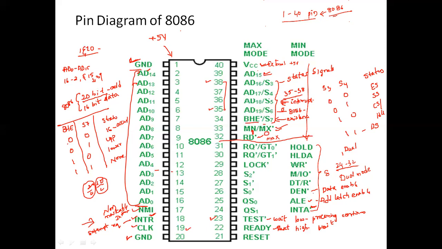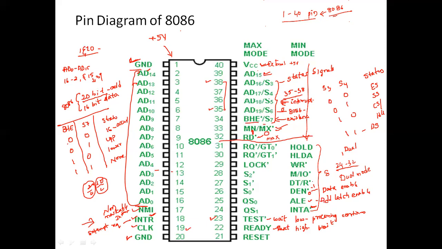That means whenever a 0 is present, the transceiver gets enabled and separates the data from the multiplexed address and data bus. Data enable means data is present on the data bus. As we have a multiplexed address and data bus, we are going to separate the data from it. So that is the purpose of this.